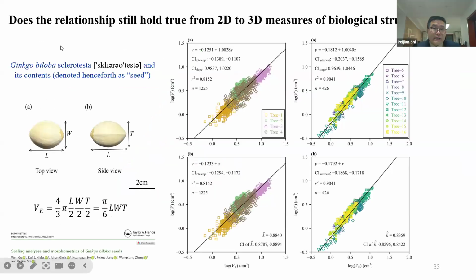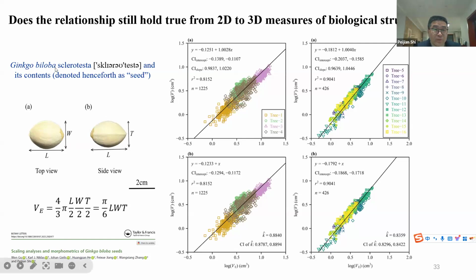The second discussion is about whether the proportional relationship still holds true from 2-dimension to 3-dimension measures of biological structures. Here, in this new work, Carl and Johan are very important collaborators or co-authors.